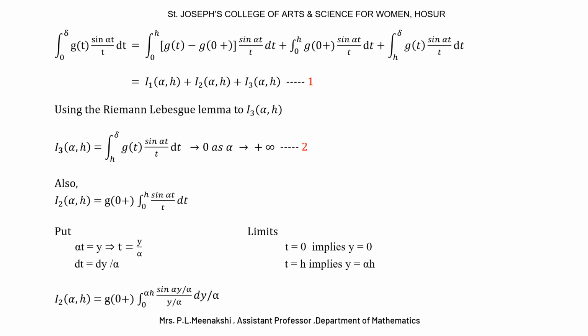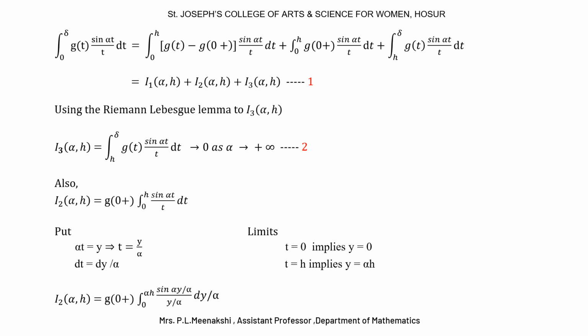Also, take the second integral I2(α, h). That is g(0+) times the integral from 0 to h of sin(αt)/t dt. We substitute to change the limits. Take αt equal to y, then t equals y/α, and dt equals dy/α.